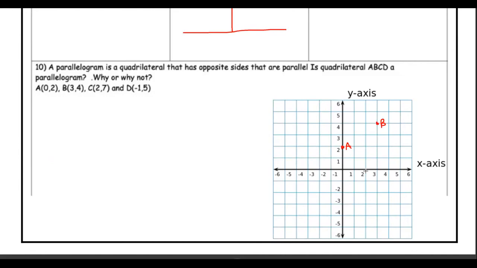Over to 2, up to 7, which is not on here. And D, negative 1, 5. Okay. Let's connect the dots for our parallelogram or quadrilateral. We don't know if it's a parallelogram or not yet.